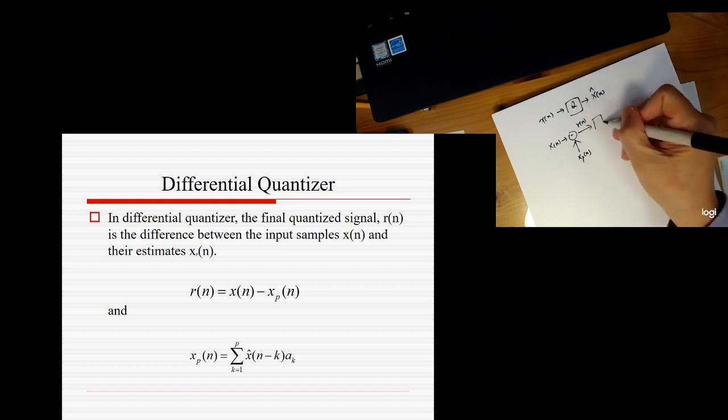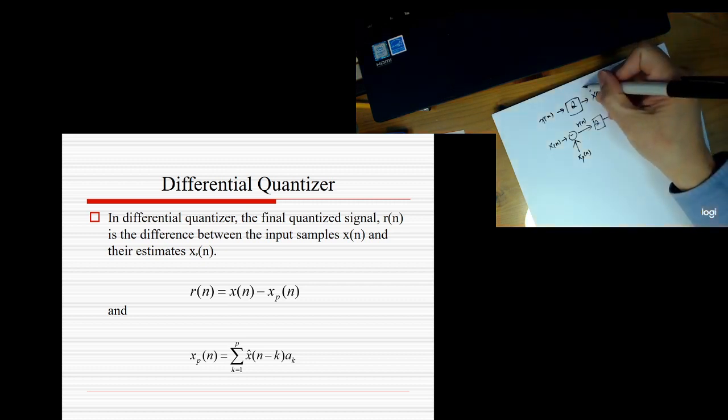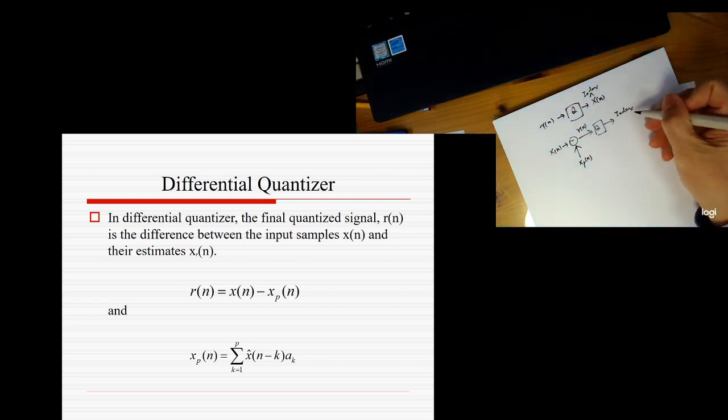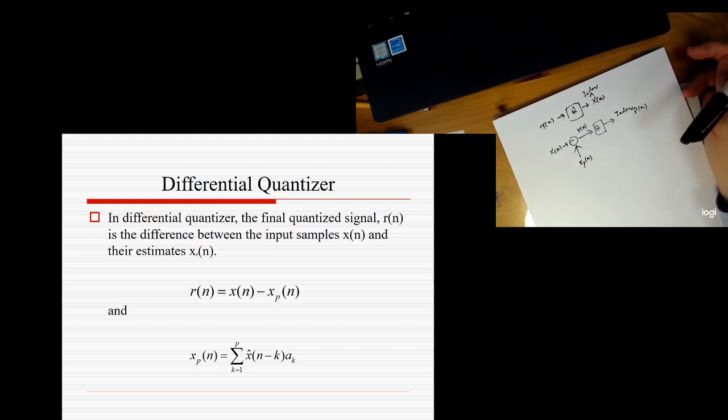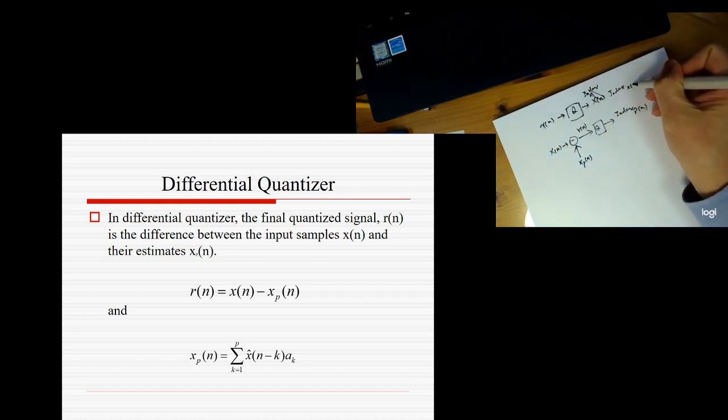So we can quantize, and we have to write down an index, index R hat of n. So what goes to the channel is index R hat of n. So I try to make it clear: after quantization, we get an index. It's not a quantization value. After quantization the value is index addressing.